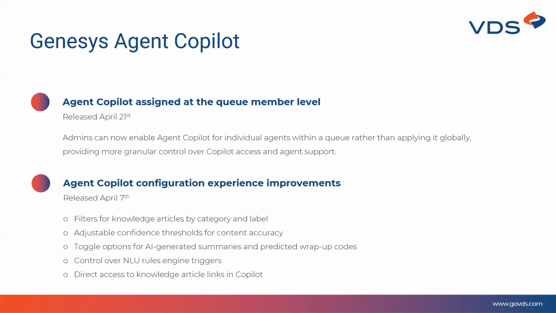That gives you more flexibility and control, specifically from a testing standpoint. If you have interest in testing out Copilot with the fair use tokens you have access to, but only want to test it with a couple of your agents, it gives you the ability to assign it to a particular agent rather than everyone within a queue.